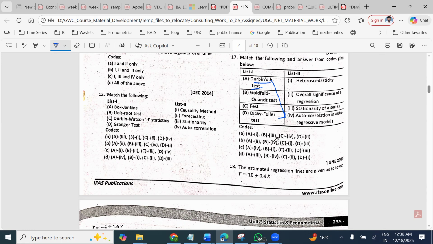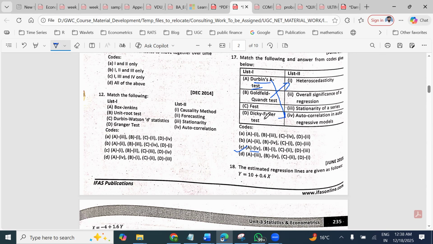So I used to do it like this: A is IV, so quickly I'll say C. But is C the answer, Sangeeta? We don't even have to go to the other options. Although the Goldfeld test I also told you just now is for heteroscedasticity.